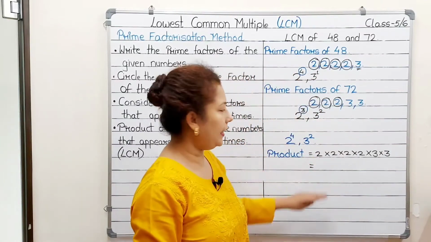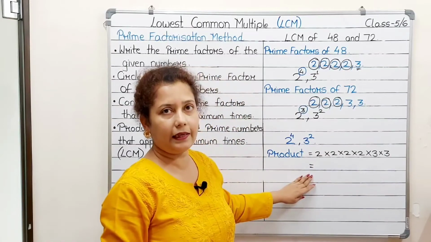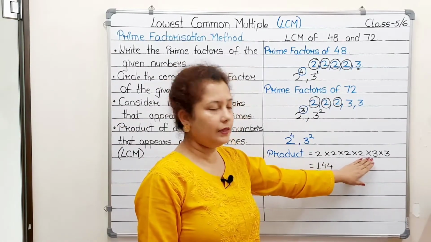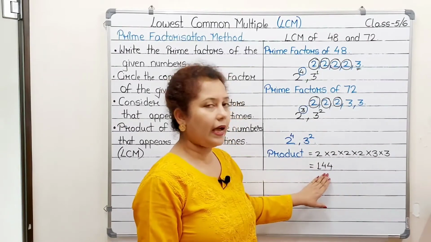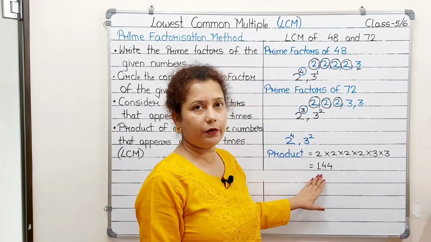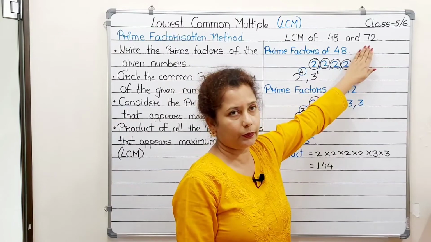When we multiply this, the product which we get will be our LCM. When we multiply all the prime numbers, we get the answer 144. And this product 144 is the LCM of 48 and 72.